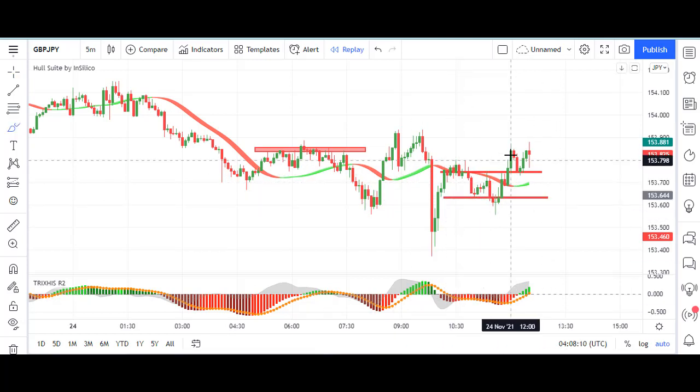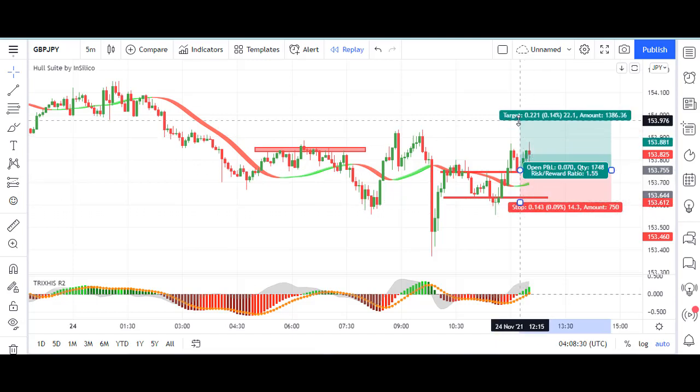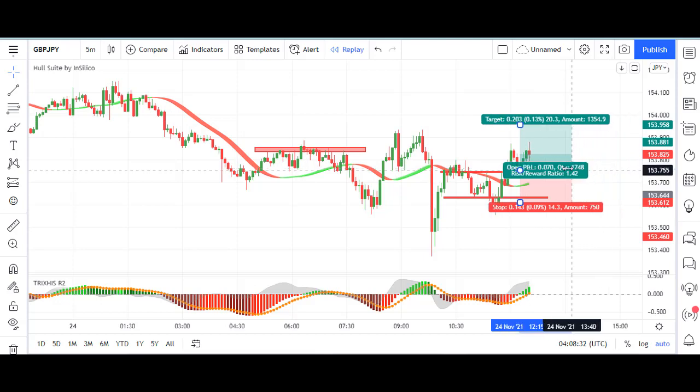So you see the market break out of the trading range. This is the breakout bar and retest. You can put a long order here, put the stop loss below here, risk and reward at least 1 to 1.